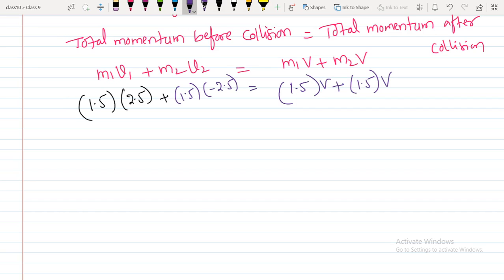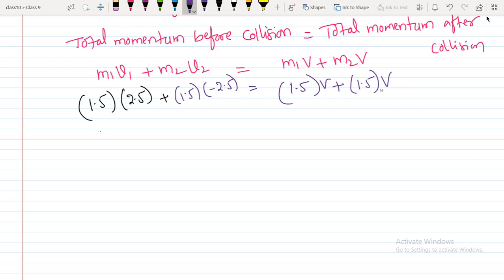So if I do this calculation, we can multiply this. Before multiplying, you can see these both values are equal and opposite in sign. If you multiply 1.5 times 2.5, that value is 3.75. Let me check with the calculator.